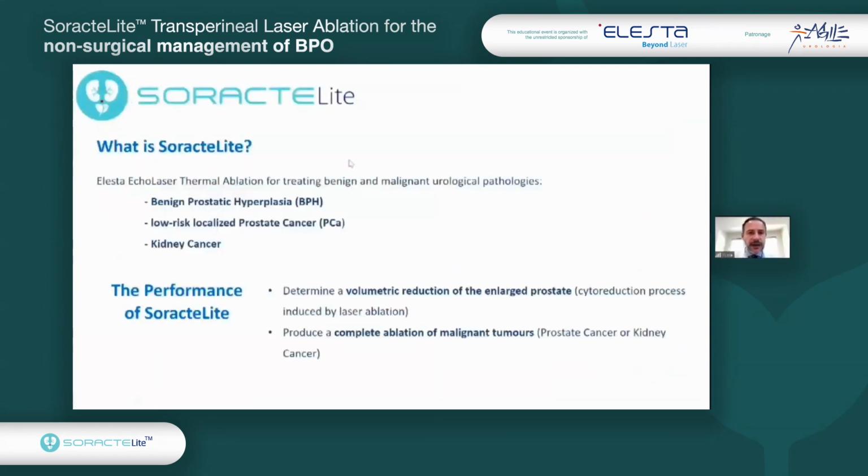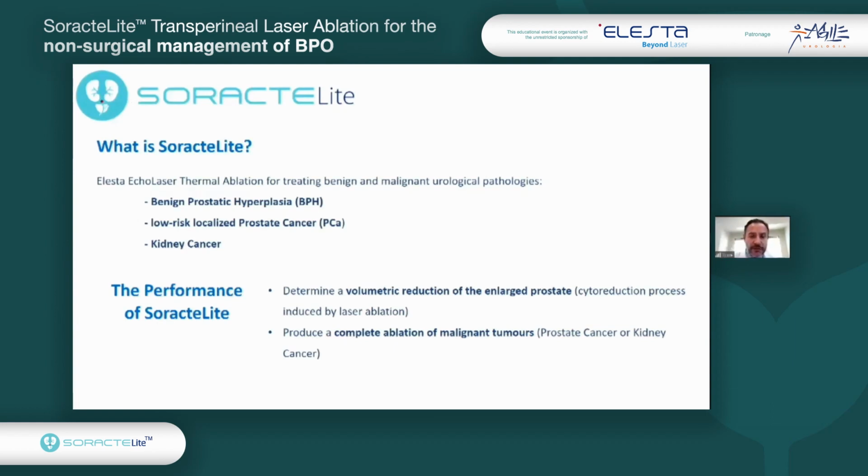So what is the SoracteLite? It is LS EchoLaser thermal ablation for treating benign and malignant urological pathologies. With this device, we can treat BPH. With the same machine we can also make focal procedures for prostatic cancer, and we can treat kidney cancer, so small renal masses.